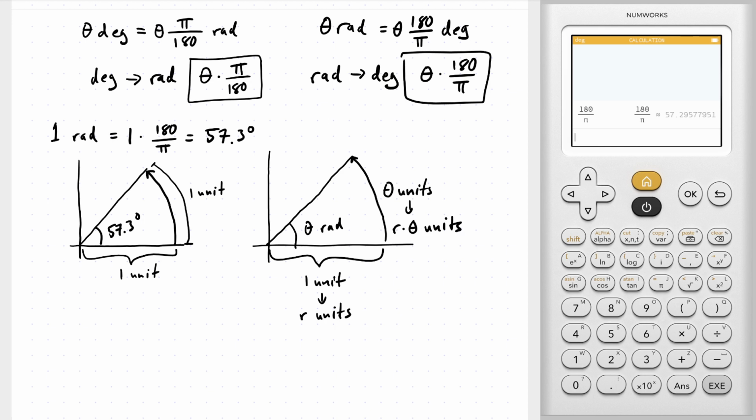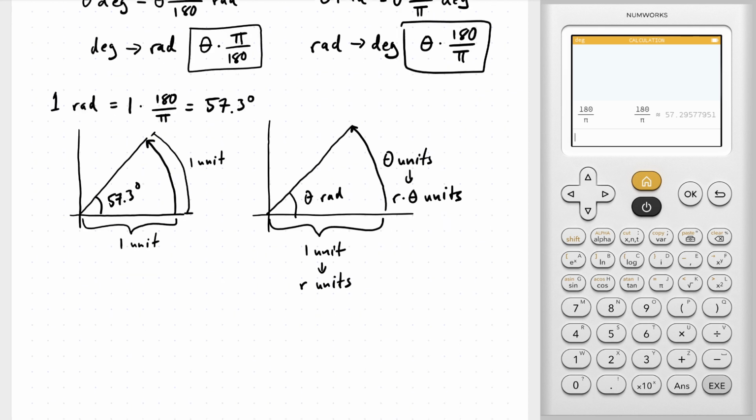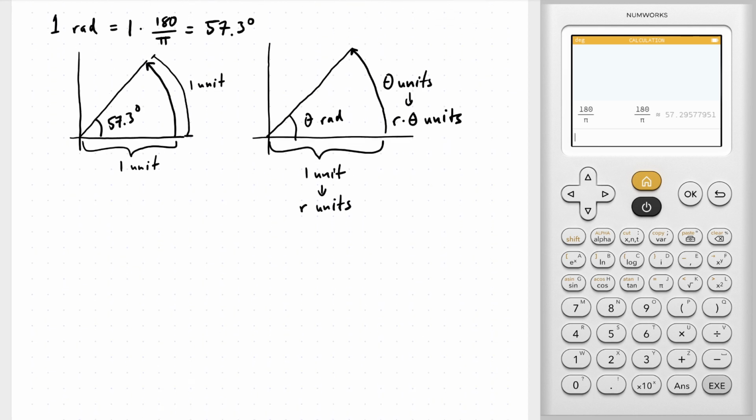Okay, so this gives us our next important formula for the lesson, which is the following. S is equal to r times theta, which is such a simple formula, and that's the power of radians.